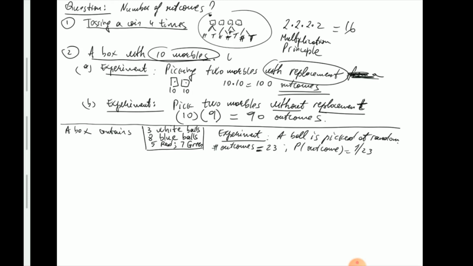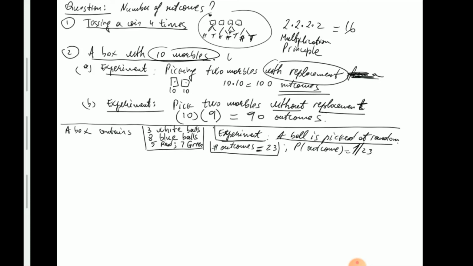There's nothing in the problem that suggests one ball is more likely than the other to be picked up. So again, it's very important to fix your data here in terms of the probability model. What is the probability model? We have an experiment which says a ball is picked at random. How many balls do we have? 23, so we have 23 outcomes. Each of them is equally likely to be picked up. That means the probability of each outcome is going to be 1 over 23.